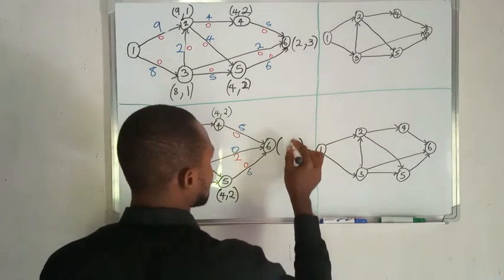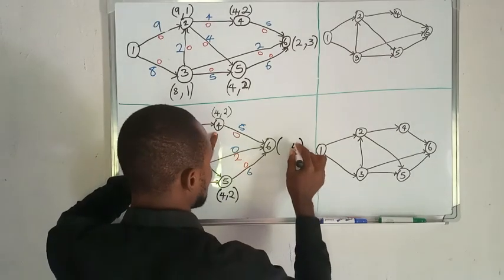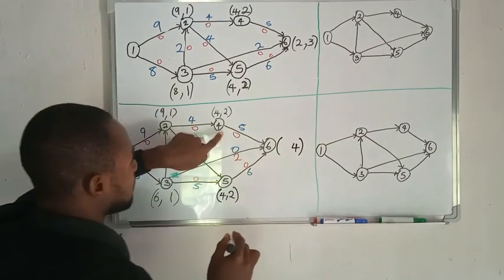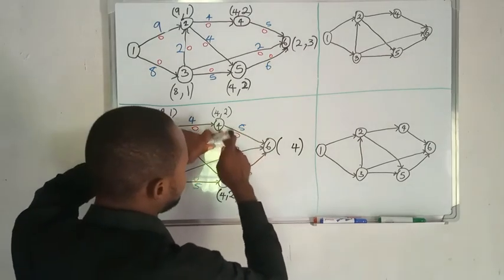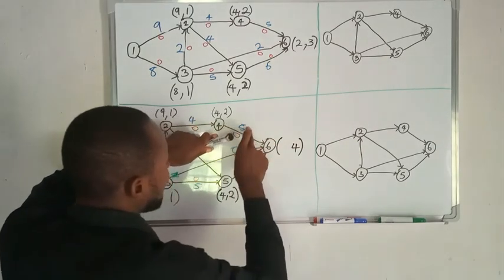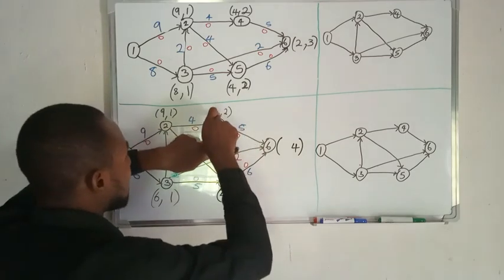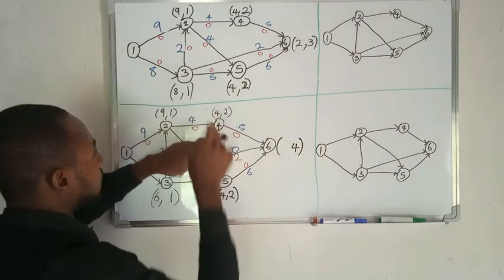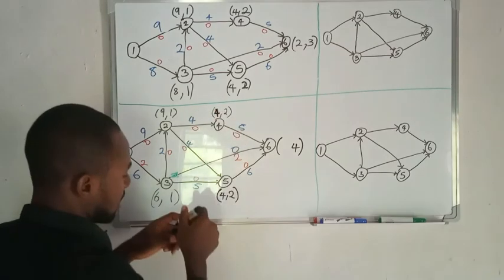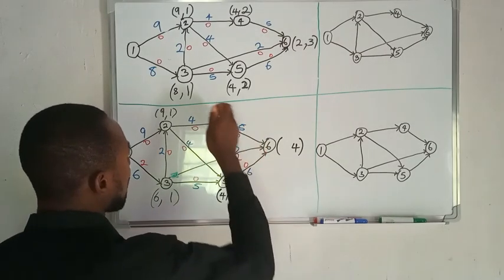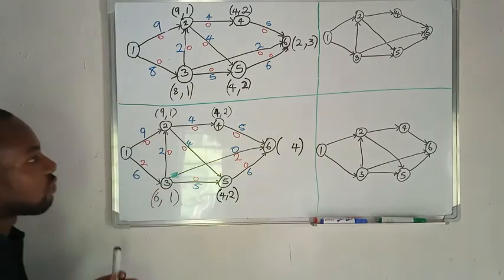So right here we have 4 as the node that is given to 6, and then we check what we have in the capacity here that is linking 4 to 6. We have 5 as the excess capacity, but what do we have on this place? We have 4. So right here we have 4, and then this place is 5. So we compare the two of them, we check the one that is smaller.